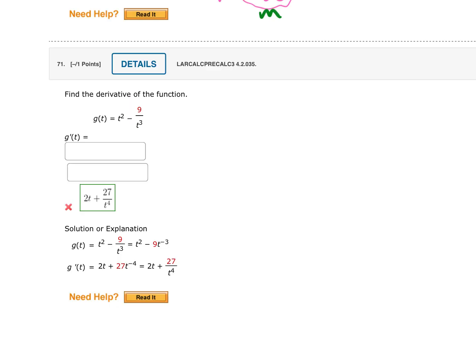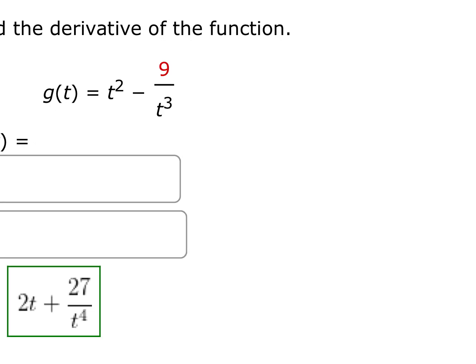Find the derivative here. You can find the derivative of this and then find the derivative of this. You can use the quotient rule if you want for the second part. I would personally rather move it to the top. So this would be t squared minus 9 times t to the power of -3. Then we can take the derivative. So we get 2t plus 27t to the power of -4.